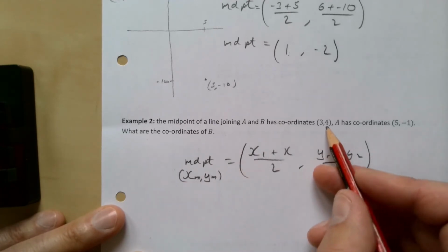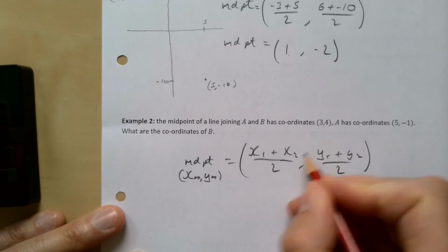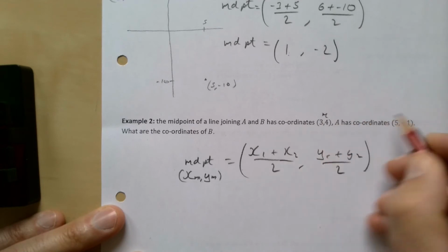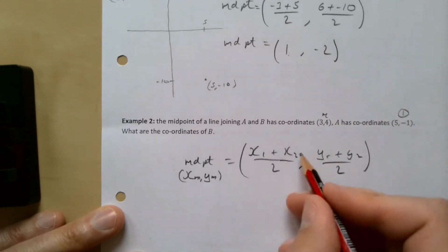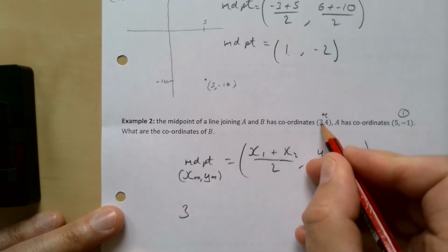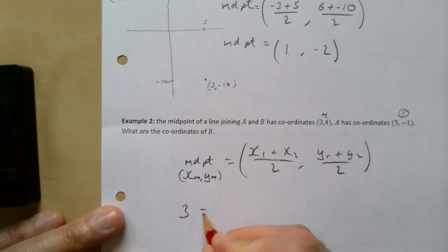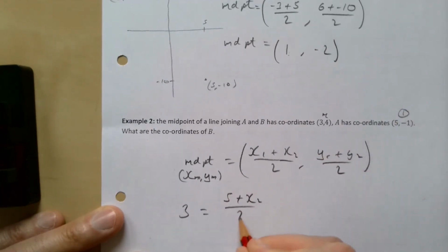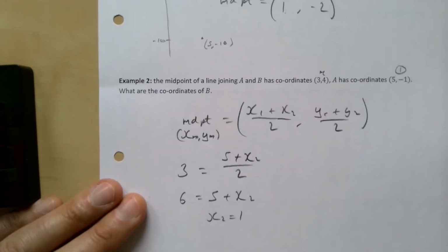So to work out the x coordinate of the missing one, this is the midpoint, let's call this one coordinate 2, and what we're trying to work out is x2. So for our x1, it's going to be 3, because that's the x coordinate of the midpoint, equals 5 plus x2 over 2. If you times both sides by 2, you get 6 equals 5 plus x2, and that means x2 is going to be 1.